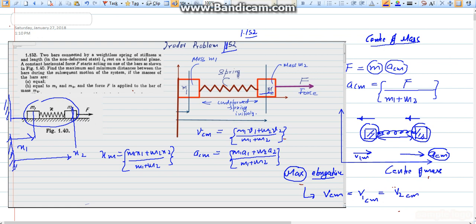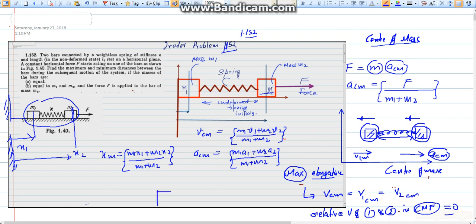Means the relative velocity of 1 and 2 in the center of mass frame is 0. So the whole system is moving with the same velocity as if like a string.